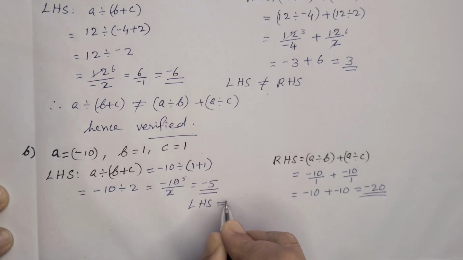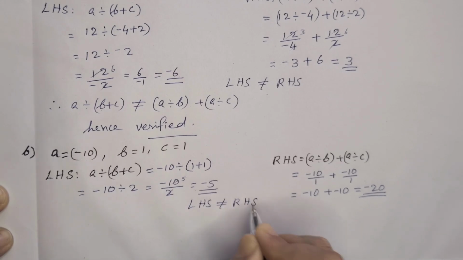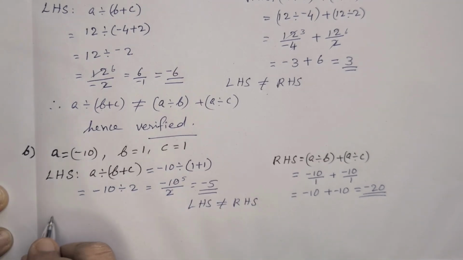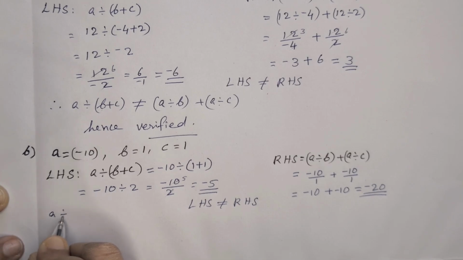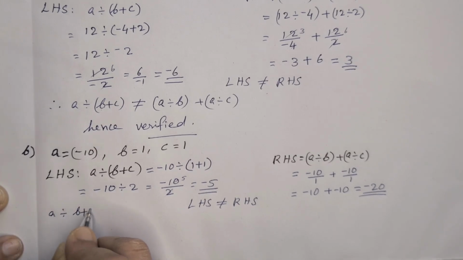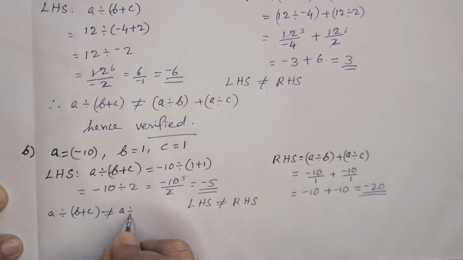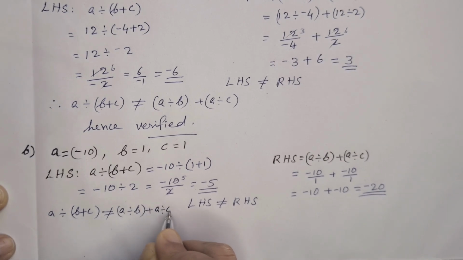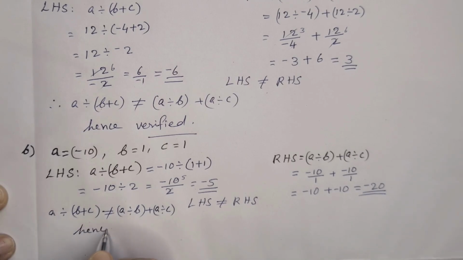Here also LHS not equal to RHS. LHS we got, that is minus 5, RHS minus 20. So we can write A divided by B plus C not equal to A divided by B plus A divided by C. Hence verified.